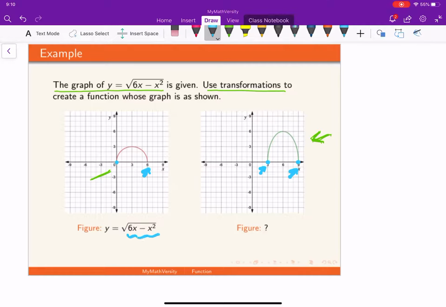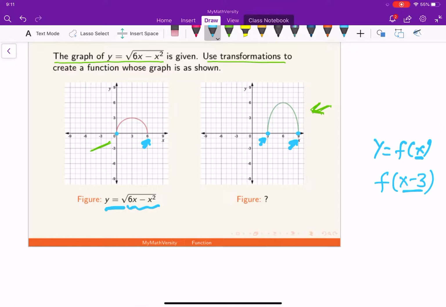If y equals f of x is the given curve, then f of x minus 3, replacing x by x minus 3, will give you the curve shifted 3 units to the right. So if the given function is y equals the square root of 6x minus x squared, what would the equation be if we shift this curve 3 units to the right?